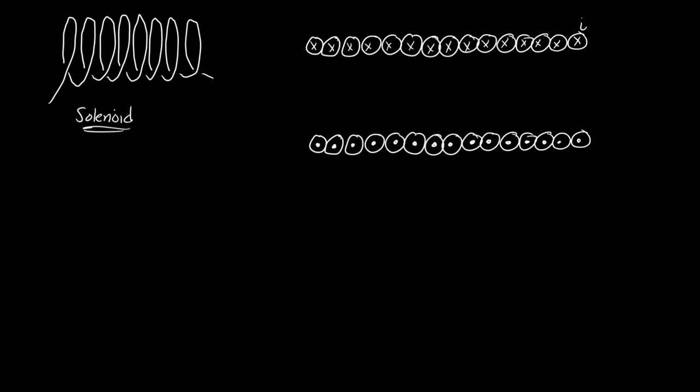Now, just looking at one of the loops, I'm going to pick just one of these to look at. Let's look at this one right here. I'll pick another one on the top to look at. That loop has to be producing a magnetic field.